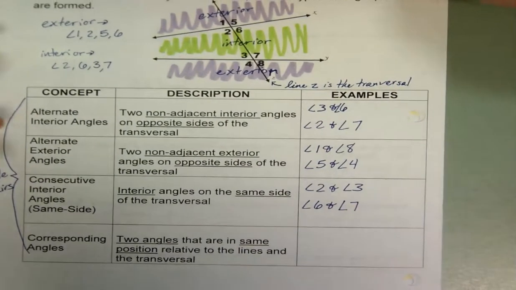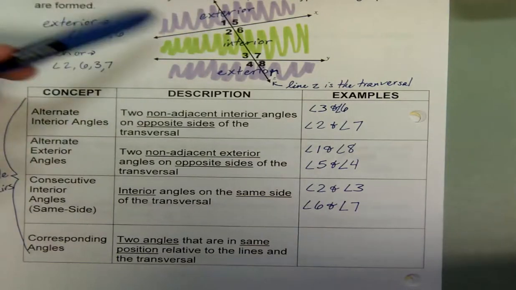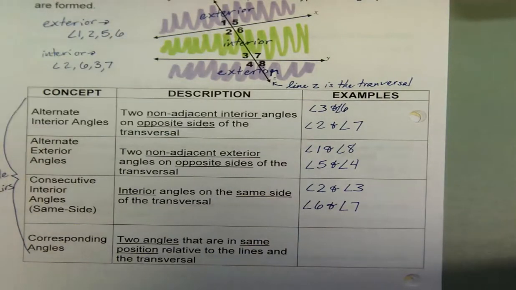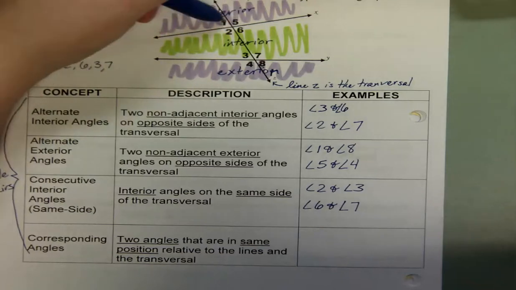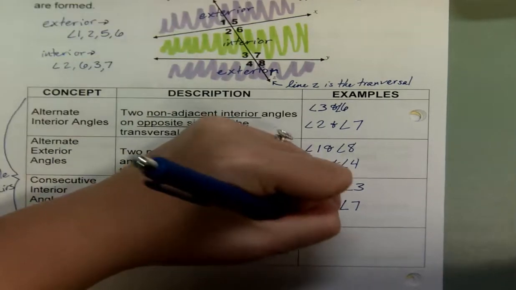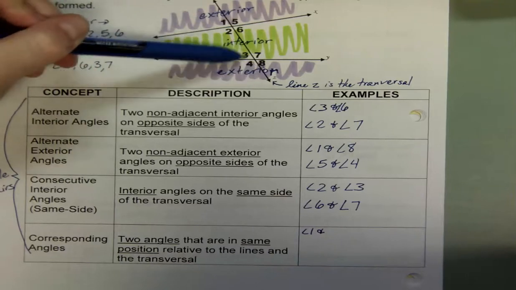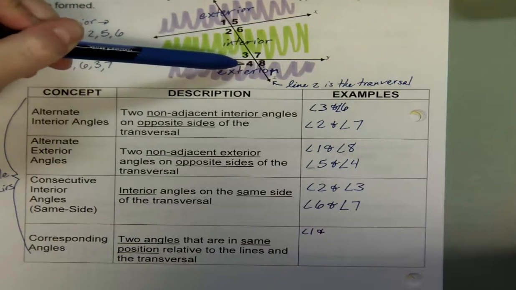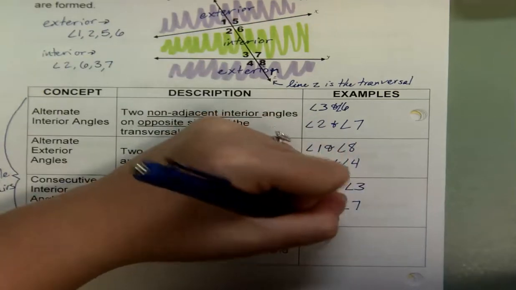Alright, and corresponding angles, you have to look at these. It no longer talks about interior and exterior, so that just doesn't matter anymore for this one. You've got to look at this as a group of angles, these 4. So this angle right here, angle 1, is in the top left-hand corner. So then you have to look at this group down here and figure out which one is in the top left-hand corner, which would be angle 3.